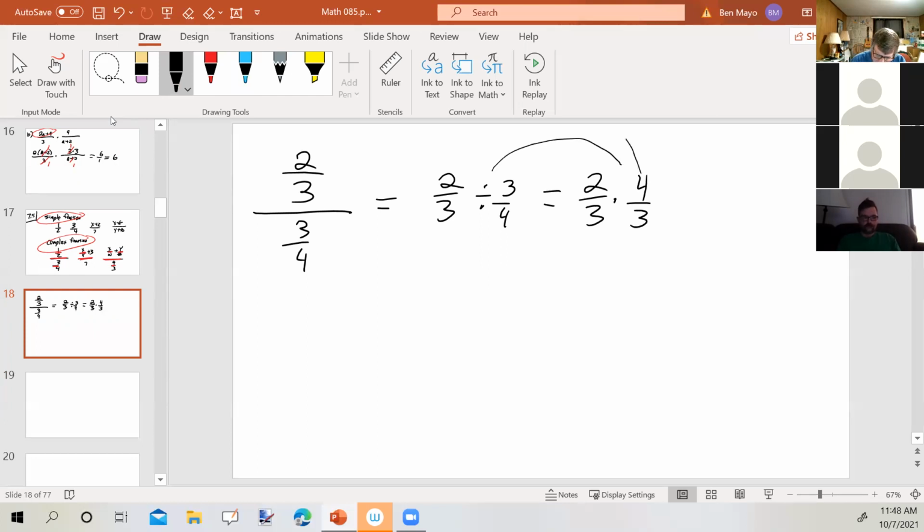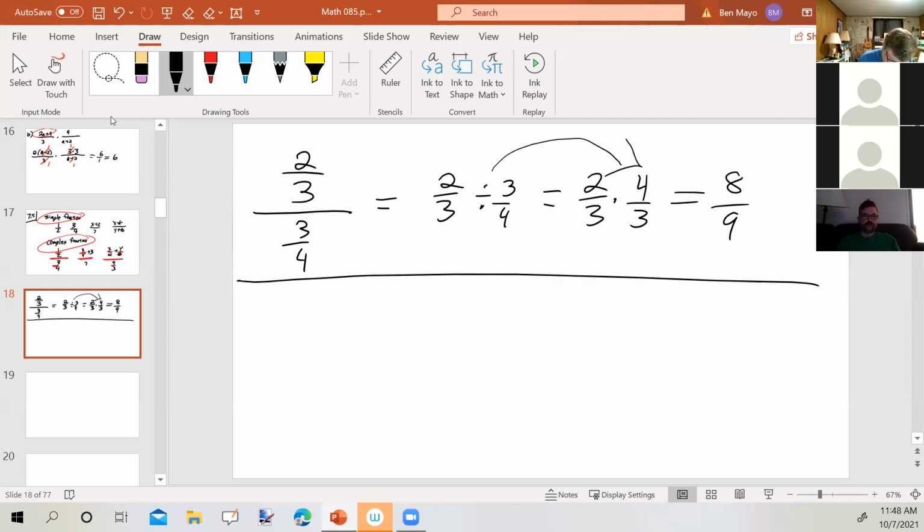So we get from here to there. Now I have multiplication of fractions. I look to see if I can pre-reduce anything out. I can't, so I multiply straight across and I get 8/9. So we've taken the complex fraction and converted it into a simple fraction. Any questions about that one?